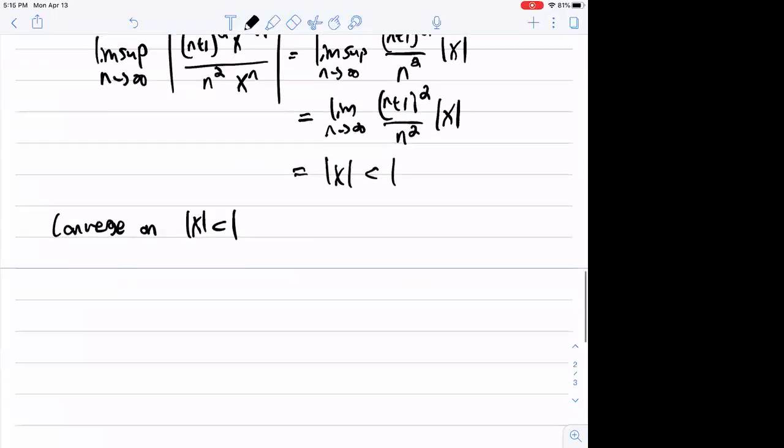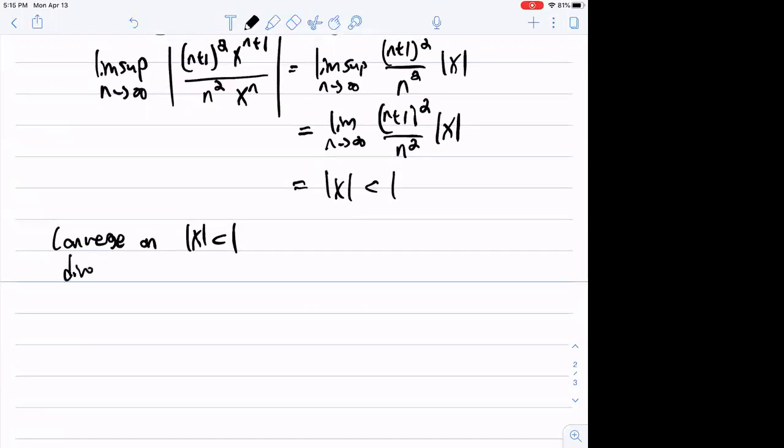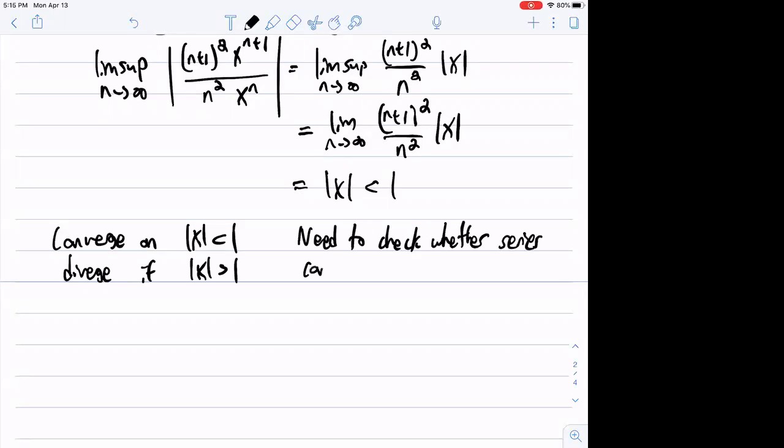So what are we missing right here? We're missing equals 1. So basically we need to check whether the series converges at absolute value of x equal to 1. Well, what numbers have absolute value equal to 1?